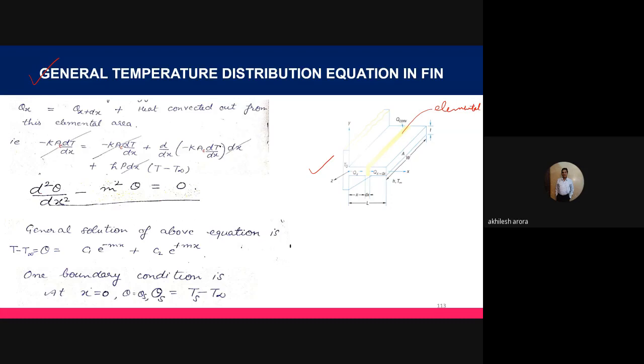which we considered for the derivation part, and then to this elemental area we applied the energy balance equation.